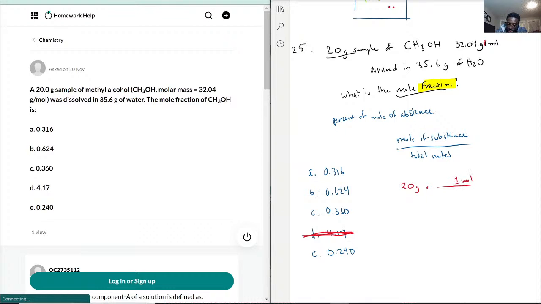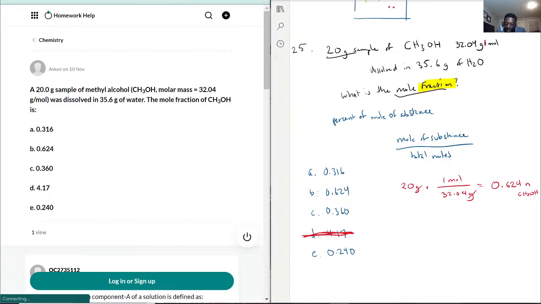So 1 mole over 32.04 grams, and these cancel out, giving 20 divided by 32.04, which is 0.624 moles of CH3OH. That's what we have.